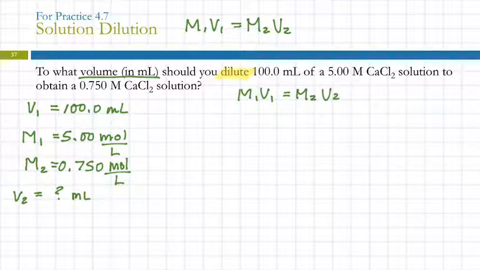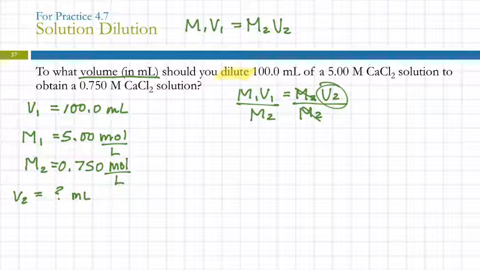And I'm trying to solve for V2, so I need to rearrange my equation. If I divide both sides by M2, M2 will cancel out on this side, leaving me V2 by itself. So V2 is M1 V1 over M2.